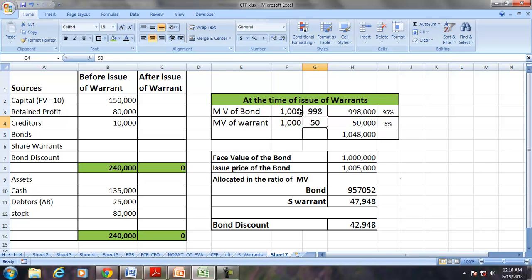Therefore the total market value of the bond is 998,000, and the total value of the warrant is 50 into 1000, 50,000. So the ratio of the market value of the bond to the market value of the warrant is 95% and 5% respectively.